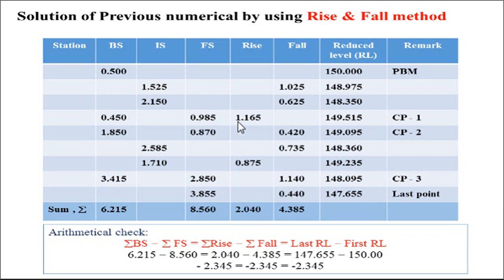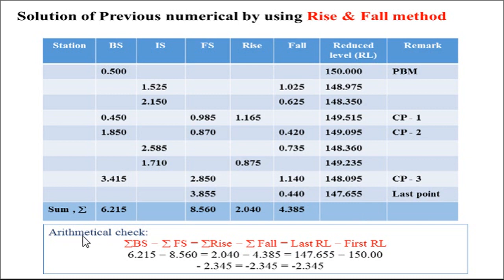So we have calculated rise and fall, and then for the check we take the addition of backsight readings, foresight readings, rises and falls. For backsight readings the summation is 6.215. For foresight readings the summation is 8.560. For rise the summation is 2.040, and for fall the summation is 4.385.